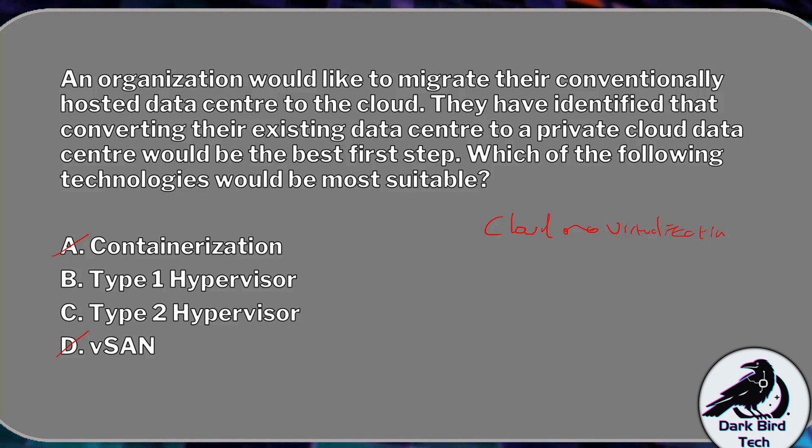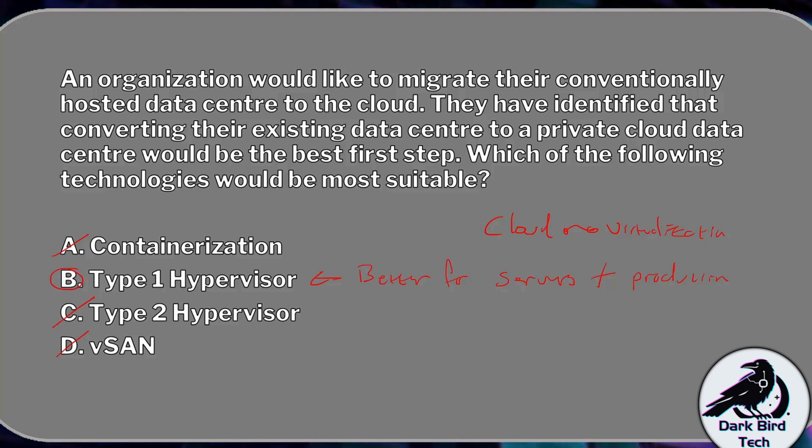Now, in terms of running VMs for production purposes in a data center, type 1 is better for production. It's more efficient, it's more stable, it's just less flexible.